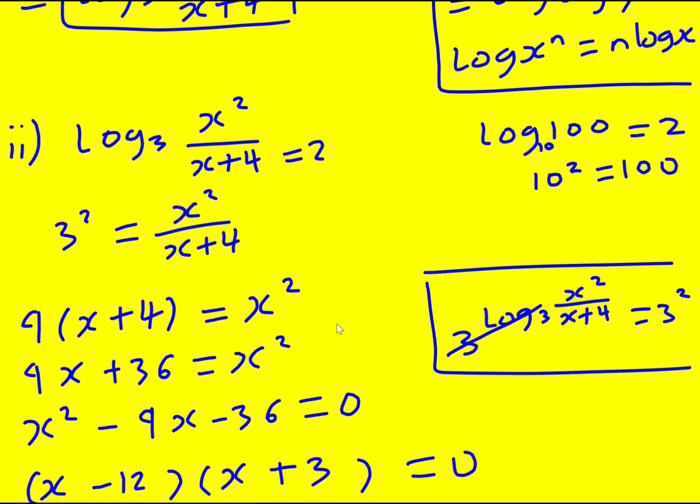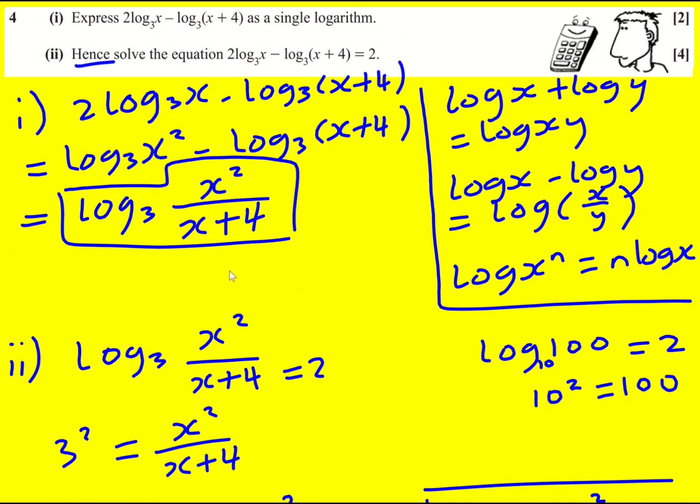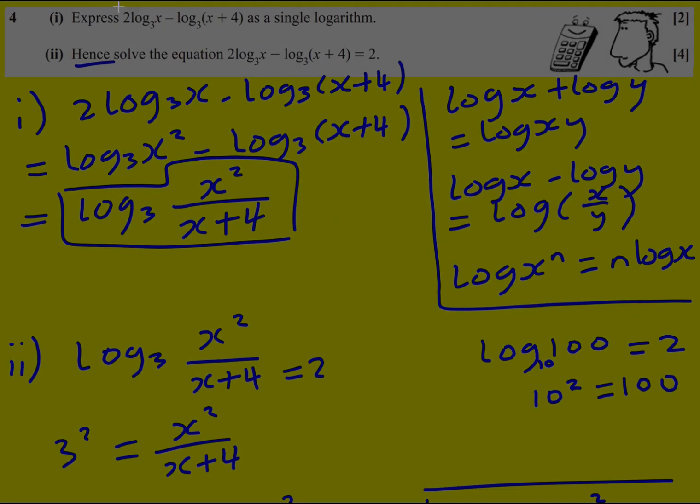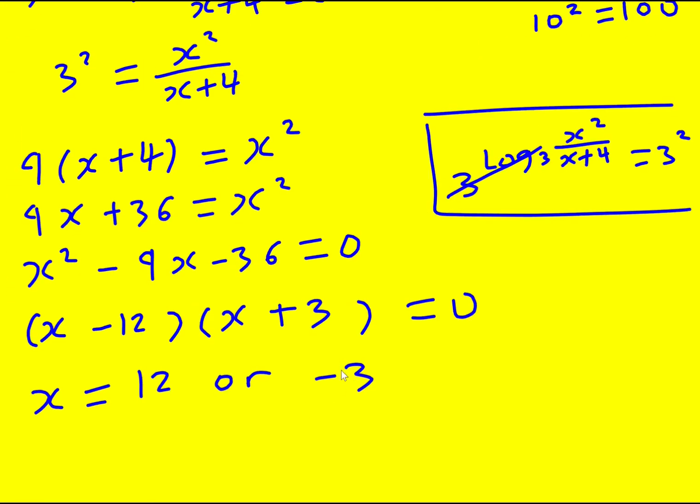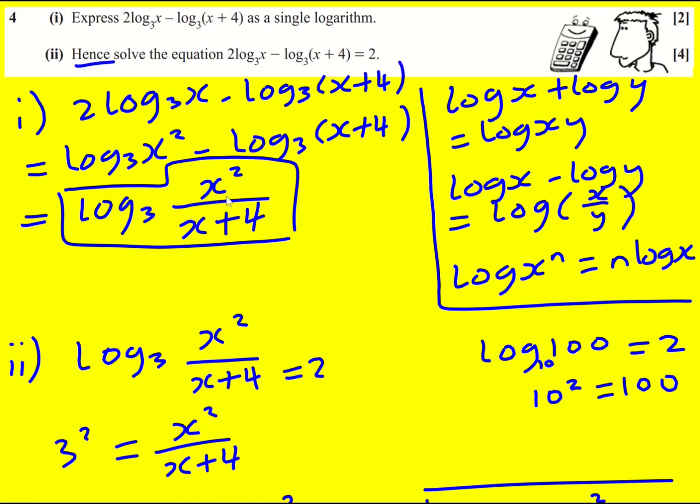Now, we just need to be a little bit careful because sometimes when you combine logs, you introduce extra solutions. Let me explain. Actually, minus 3 is an issue because whilst it was okay over here, minus 3 squared is 9, and 9 divided by 1 is just 9, and log to base 3 of 9 is 2.